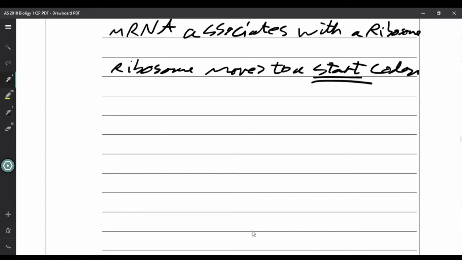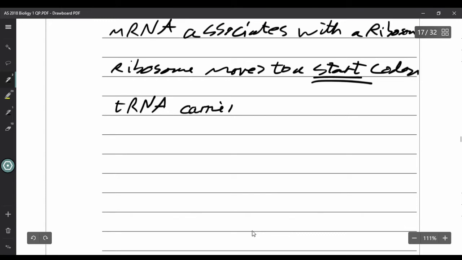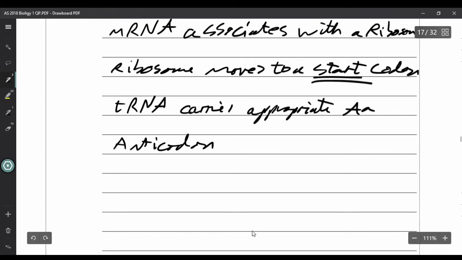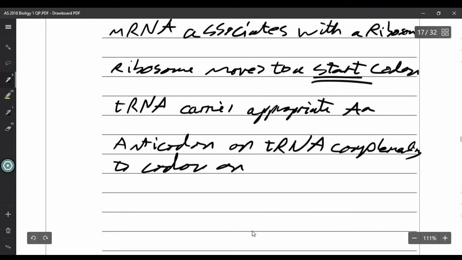So then we have the tRNA carries the appropriate amino acid, and the anticodon on the tRNA is complementary to the codon on the mRNA.